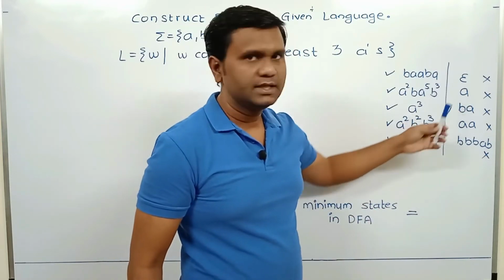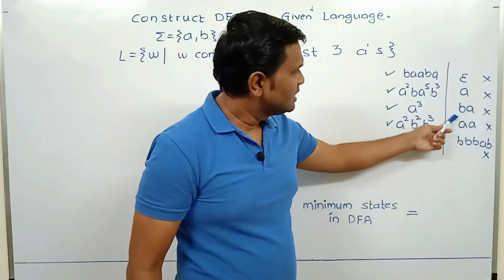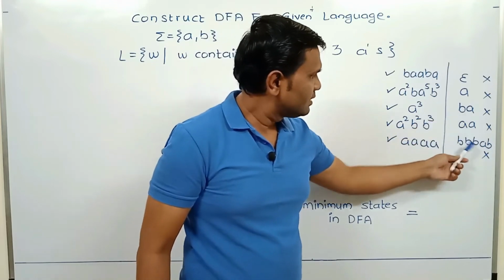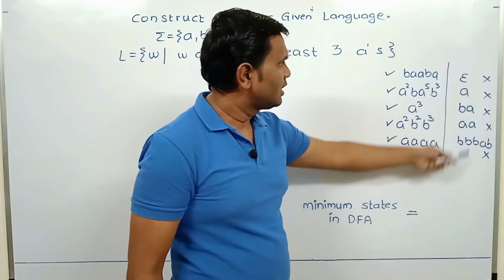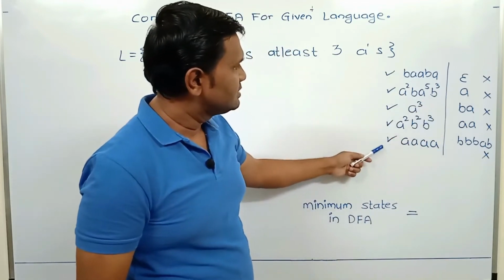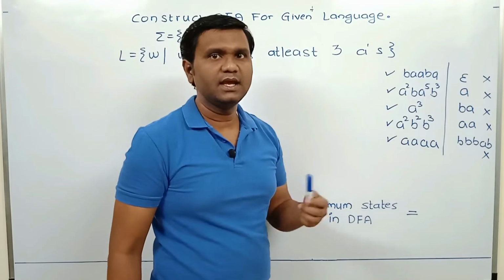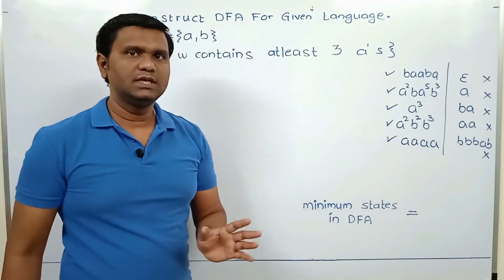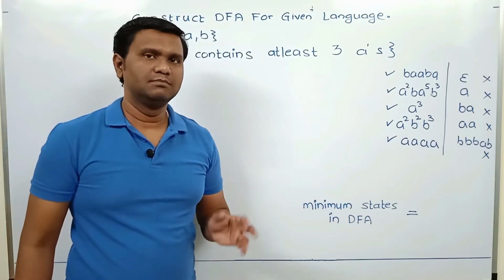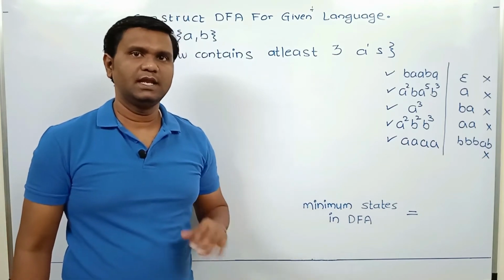String A contains only one A. So these are some strings where the number of A's is less than 3, so they are not part of the language. These strings where there are at least 3 A's in the string are part of the language. Now there is no condition on the number of B's. B's can come anywhere and any number of times.